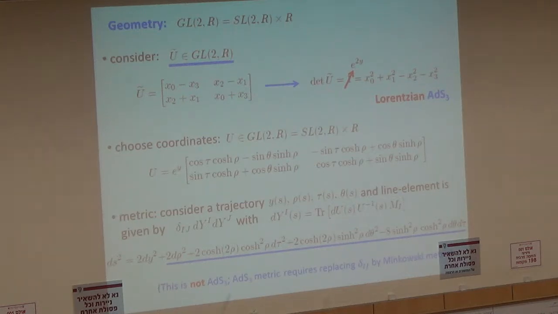Because, if it matters, you can see from this expression here, you can multiply your u on the right by a particular constant transformation, but you cannot multiply it on the left by that transformation and leave that invariant.